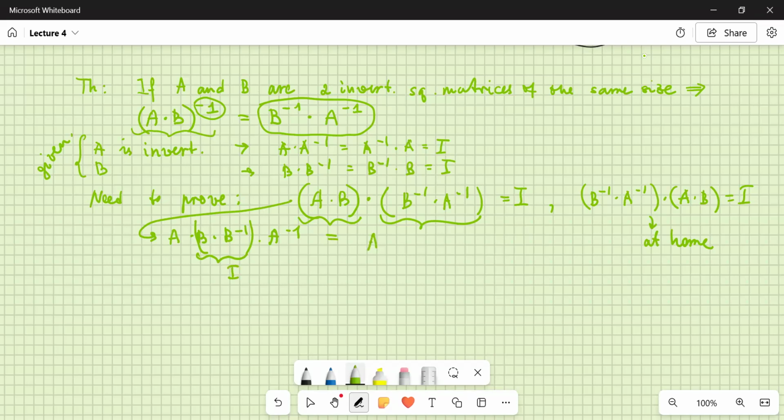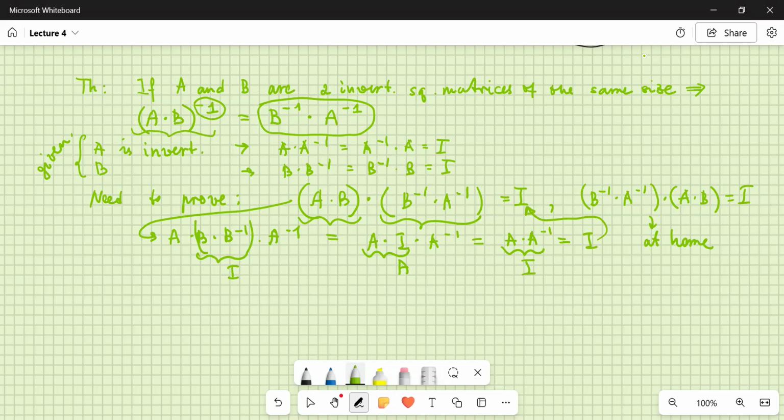So I'm going to have A by identity by A inverse. And I know that this is still A because identity multiplied by A is A. I have A by A inverse. And I know that this is equal to identity because it's given that A has an inverse. That's it. I proved my first statement. So I proved that my left side is equal to my right side.